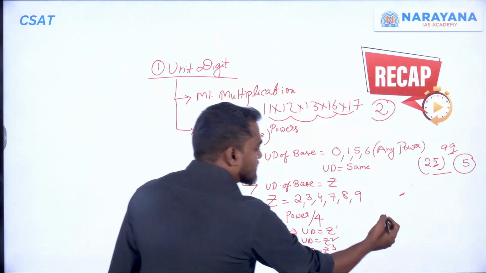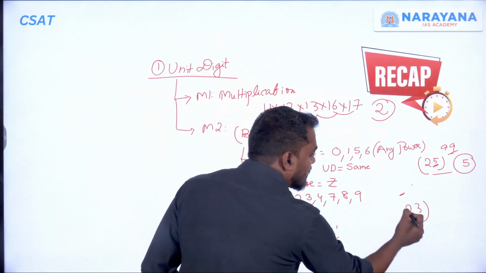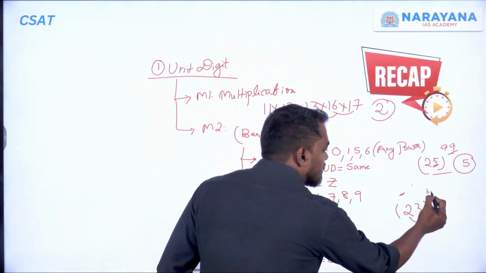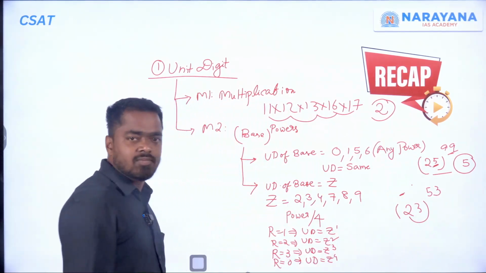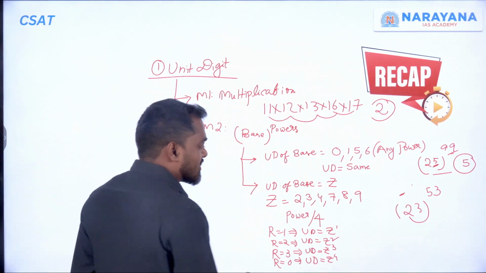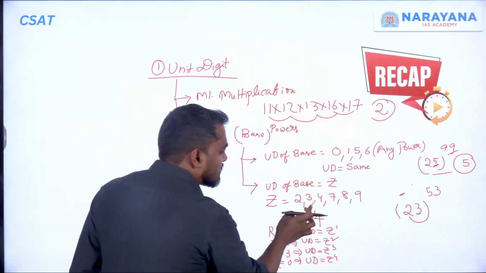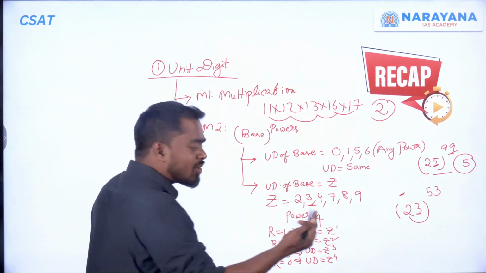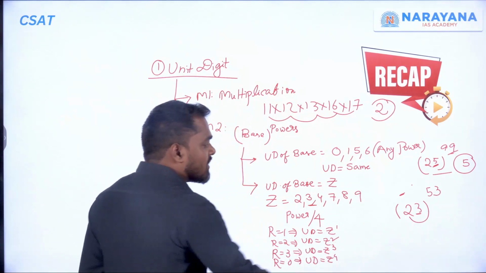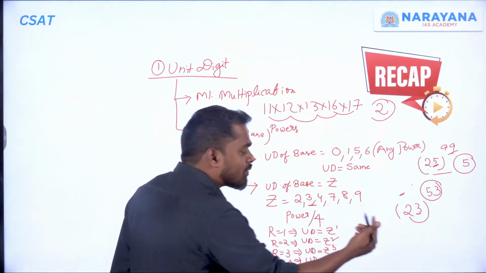For example, there is an expression 23 to the power 53. What is the unit digit of this expression? This comes under this model. What is the base unit digit? That is 3. Whenever you have 3 as the base unit digit, take the power and divide it by 4.